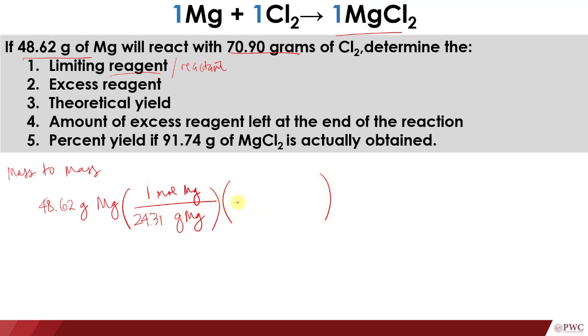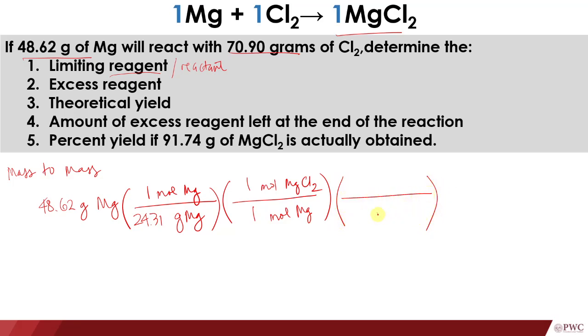And then from moles of Mg, let's determine how many moles of MgCl2. This is the molar ratio, so just look at the numbers in front, and all the numbers here are 1, so that's 1 mole to 1 mole.